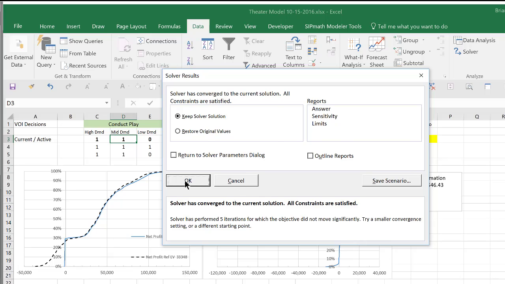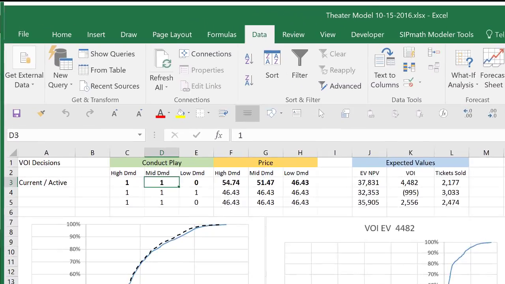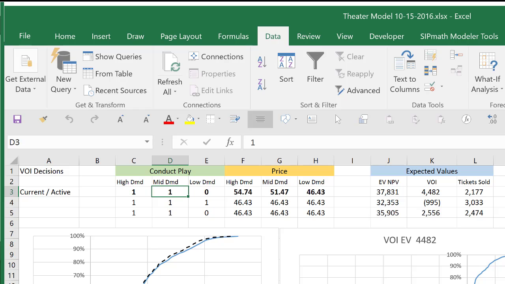There we go. So what happened? We had 46.43, and for the high demand it went to 54, and for the mid demand it went to 51. So I moved up my price because I knew I had high and mid demands. This 46 stayed the same because I didn't even develop it, so it didn't matter what the price was. That could be anything you wanted.